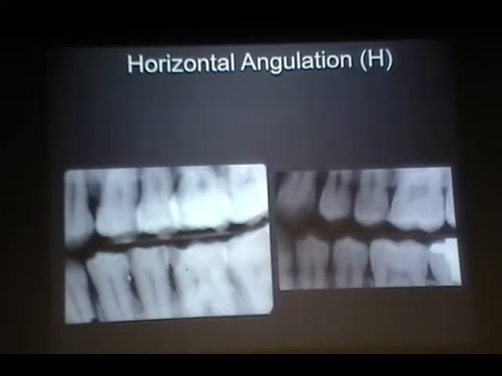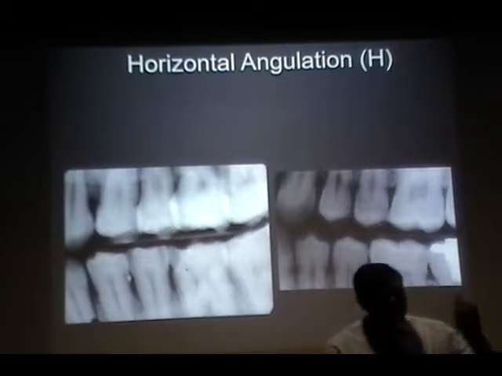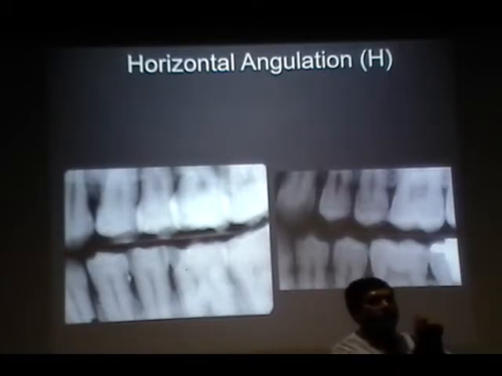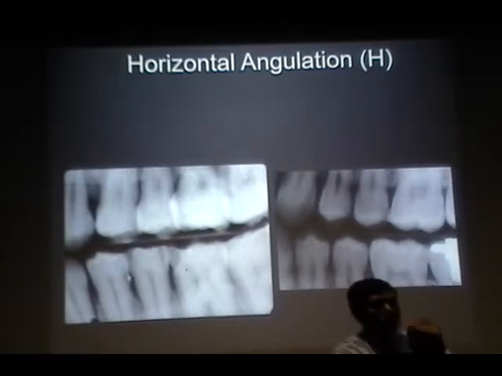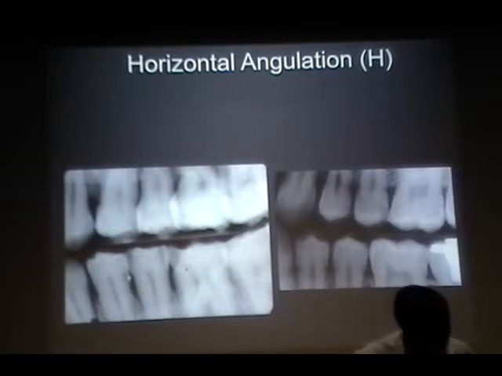One more instance is, imagine these are your teeth, okay? And you could place the sensor or receptor parallel, but if you are not angling the beam straight on, if the tube head is like this or like this, you could still end up getting closed contacts.